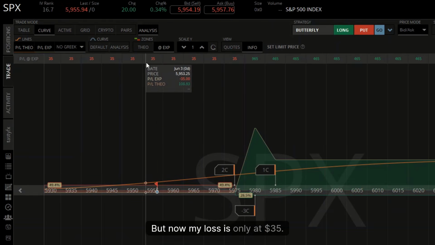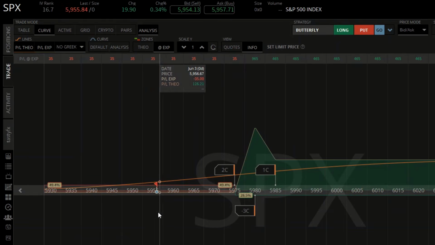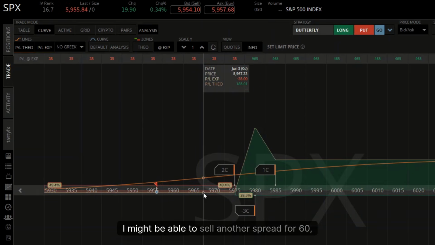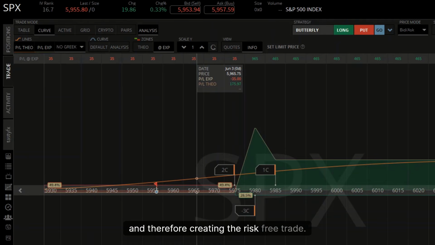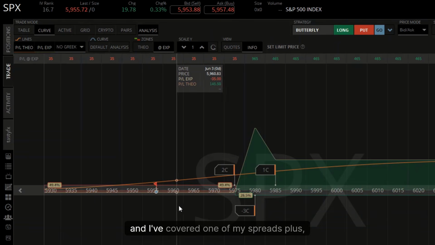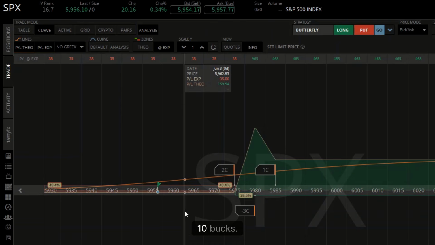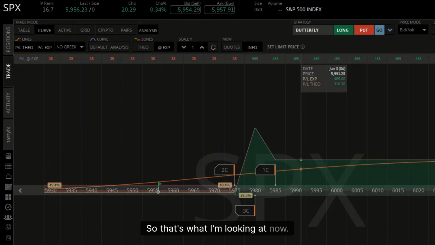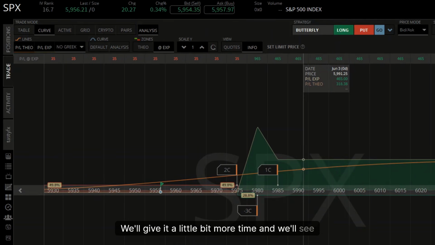But now my loss is only at $35. So if the market moves up even farther, I might be able to sell another spread for 60, 70, 80 cents, a dollar, like we talked about before, and therefore create the risk-free trade. So I'm legging into this. I've reduced my risk and I've covered one of my spreads plus $10. So that's what I'm looking at now. We'll give it a little bit more time and we'll see how it goes.